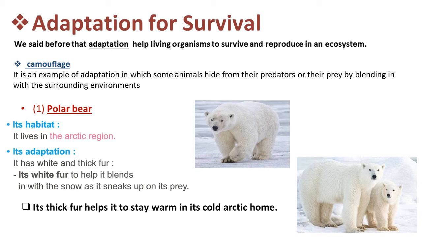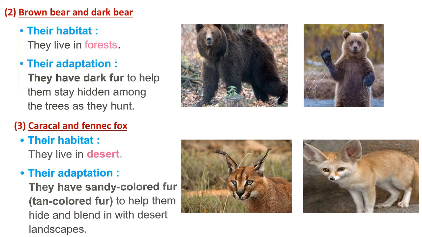So again, what's meant by camouflage? It is an example of adaptation in which some animals hide from their predators or their prey by blending, meaning mixing in with the surrounding environment. Also the brown and dark bears live in forests. They can also use camouflage.